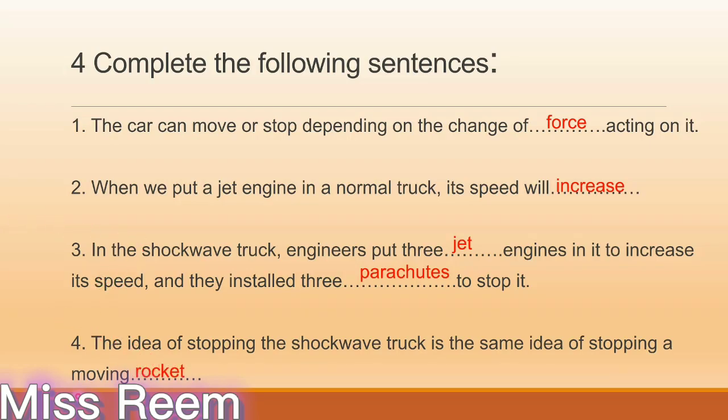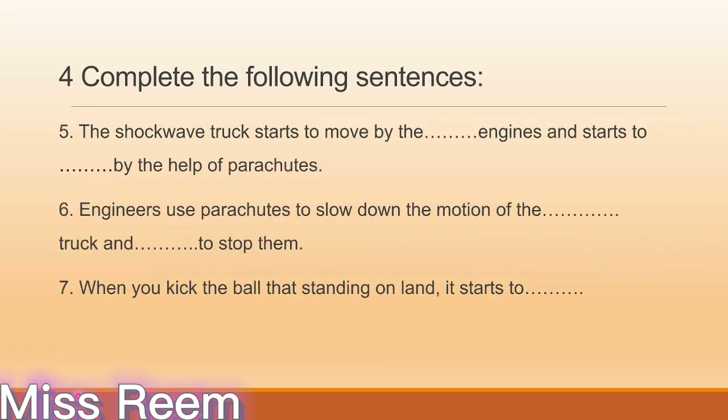Let's move on to the next. The shockwave truck starts to move by the blank engines and starts to stop by the help of blank. So the shockwave truck starts to move by the jet engines. Excellent, just like we said before.